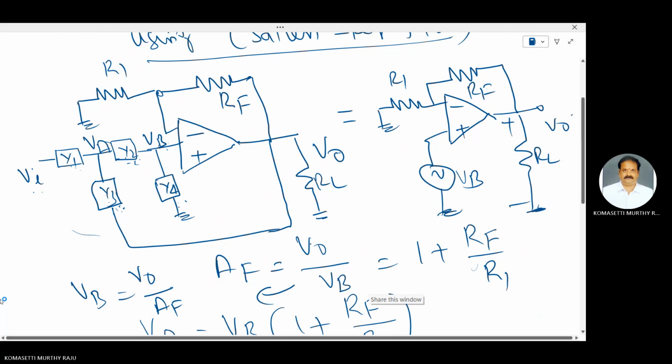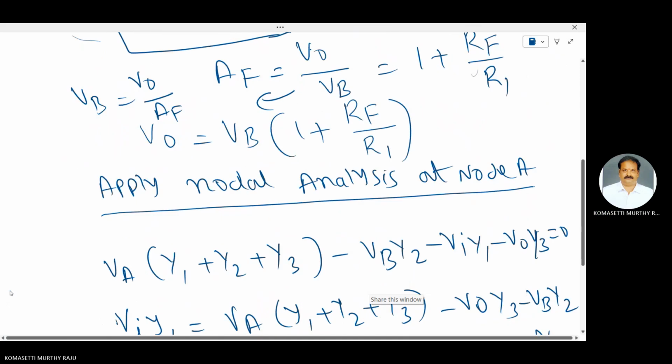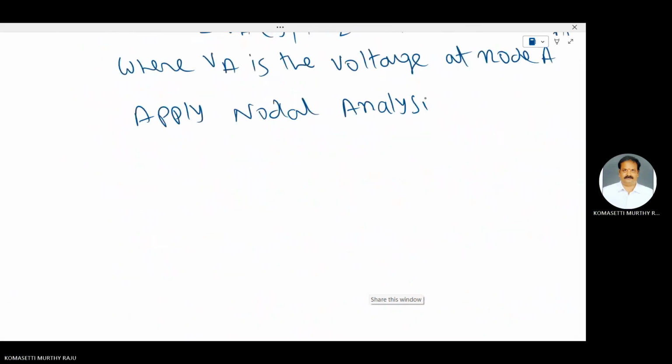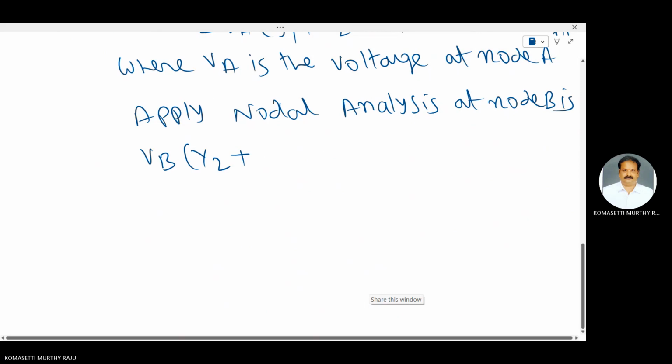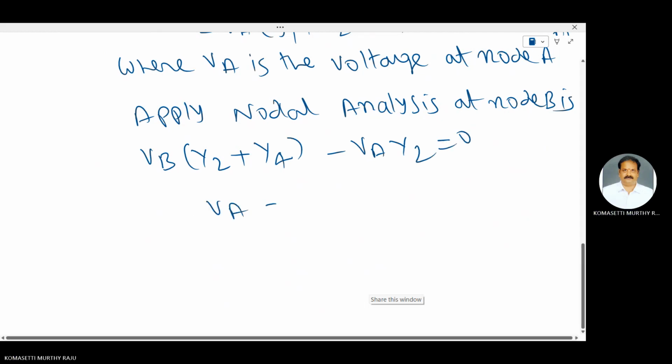Nodal analysis at node B: VB (Y2 plus Y4) minus VA Y2 is equal to 0. Therefore, VA is equal to VB (Y2 plus Y4) by Y2.